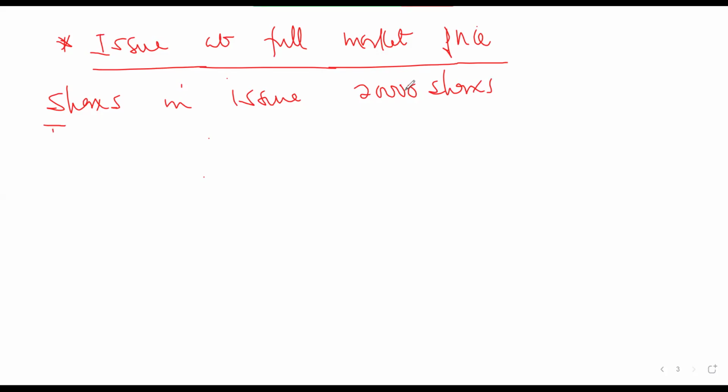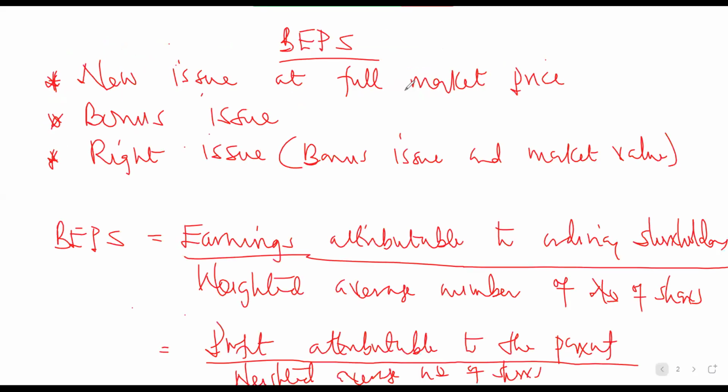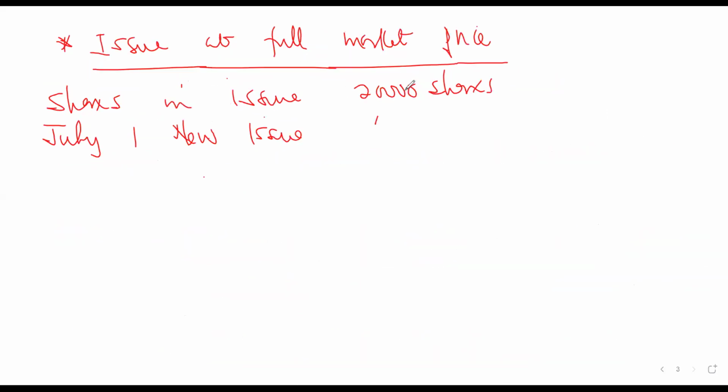Then they will say July 1, there was a new issue at a full market price. So there is no bonus issue. We have the new issue to be 5,000 shares.